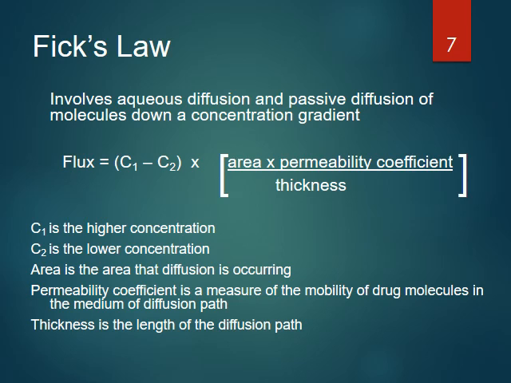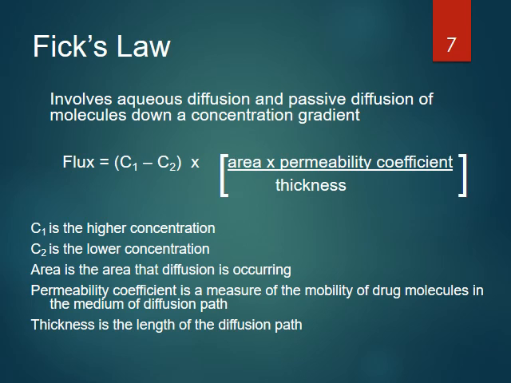We're also looking at the area. Obviously, the larger the area available to us, the more likely we are to have better absorption or better flux. This is where we look at places like the GI tract, where you see lots of surface area based on just the anatomy of it, all the ridges and folds that help to increase the surface area.